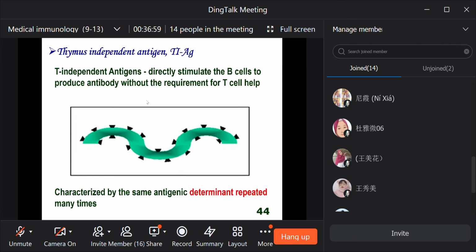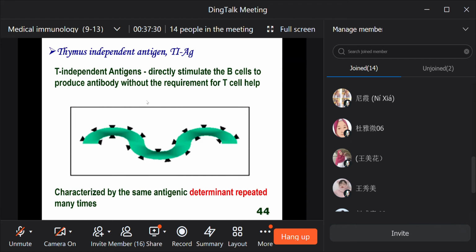And another kind of antigen directly stimulates the B cell to produce the antibody without the requirement for T cell help. We can see the picture, also like a green layer, but on the surface there is only one kind of epitope, right?